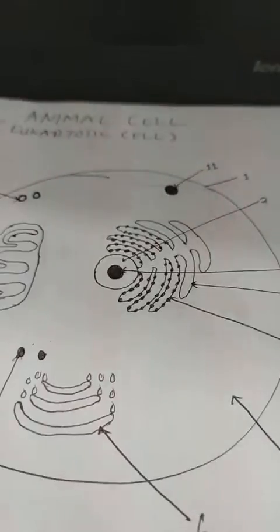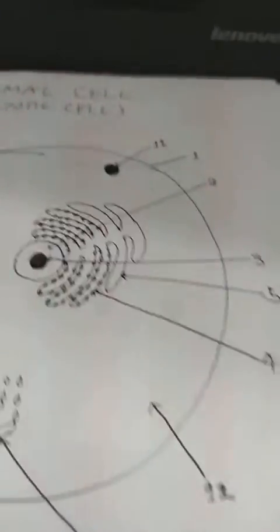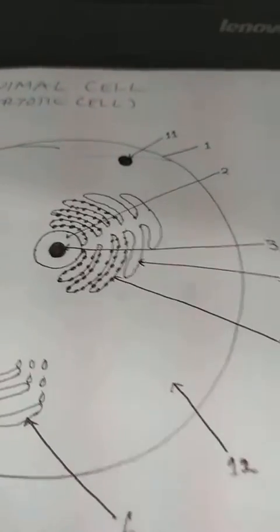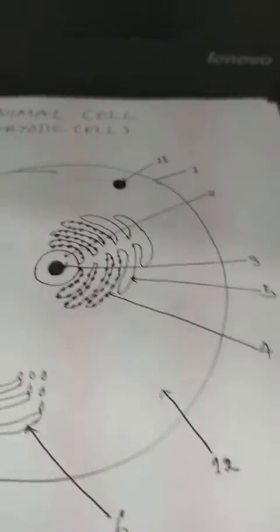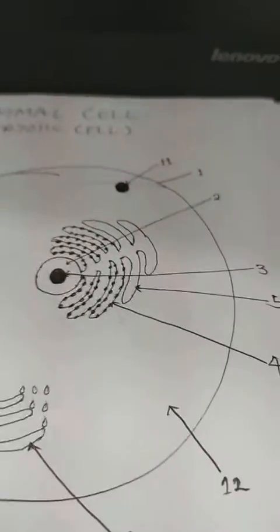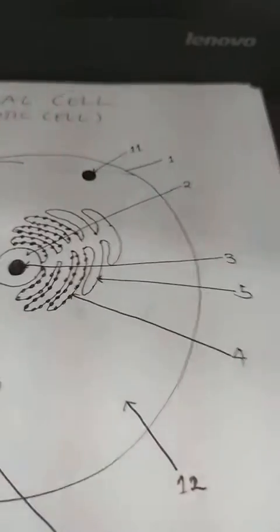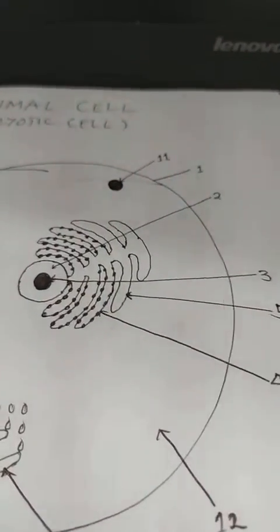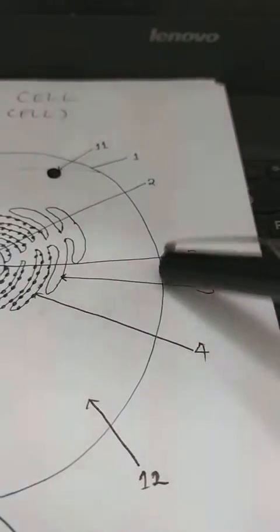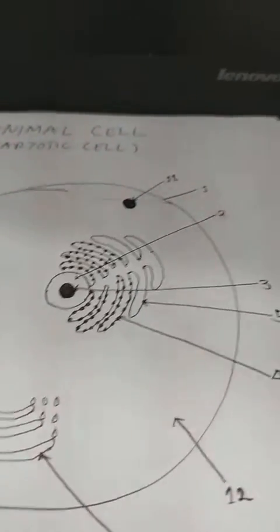What it does is help in the synthesis or production of fat. It also helps to detoxify different types of drugs inside our cell. So structure number 5 helps in production of lipids or fats and in detoxifying drugs present inside the cell.